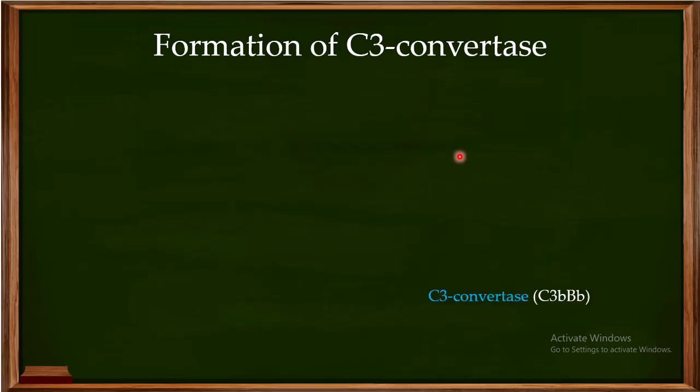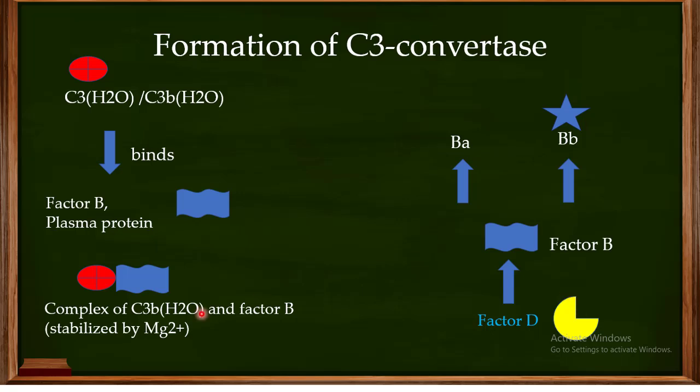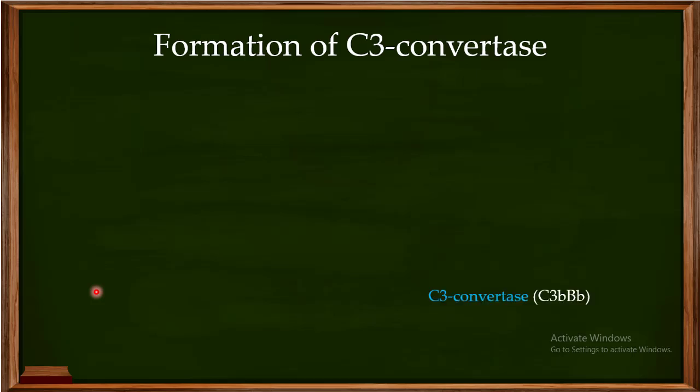Now what happens is that this particular C3 convertase, this C3b and the Bb, as you can see over here, forms through the interaction of the factor B with the factor D in the presence of the C3b. When the factor B is cleaved, this factor Bb is still attached to this C3b.